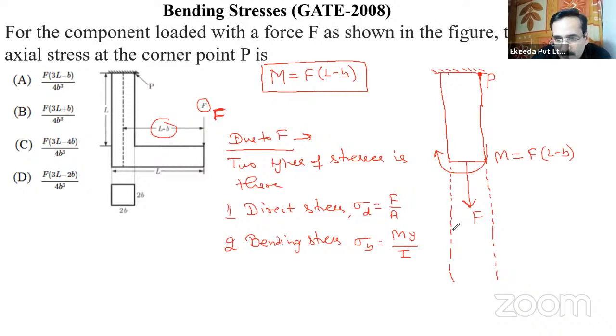So this is our fiber. This is a rectangular or square section, and two types of stresses will be there.